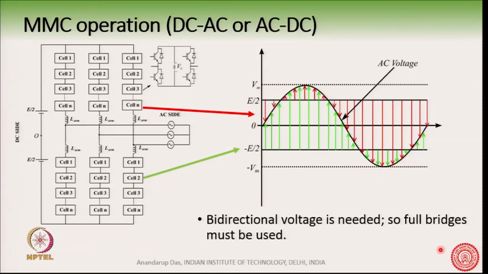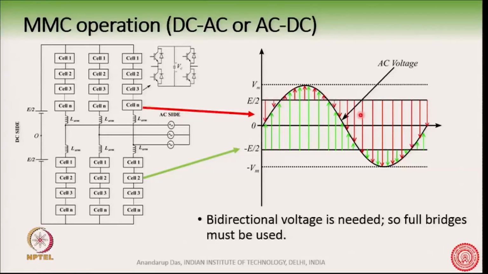So, when the DC voltage becomes lesser in magnitude than the AC voltage, then we need bidirectional voltage from the arm. The arm voltage here is bidirectional in nature, sometimes positive, sometimes negative.